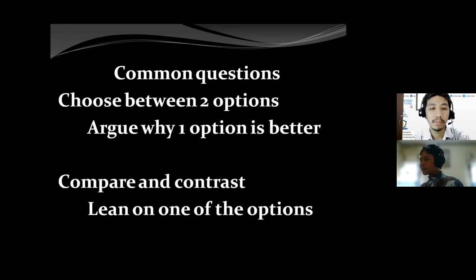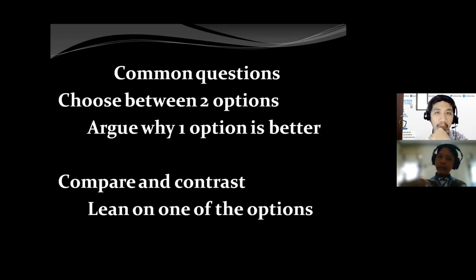Now, before going there, I have common questions covered in Writing Task 2 here. Generally, they will give you two options and you have to choose between A or B. When choosing option A, you have to support your argument with sufficient ideas, examples or reasons.